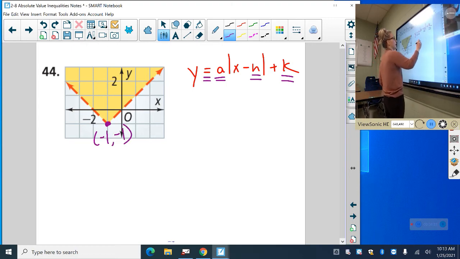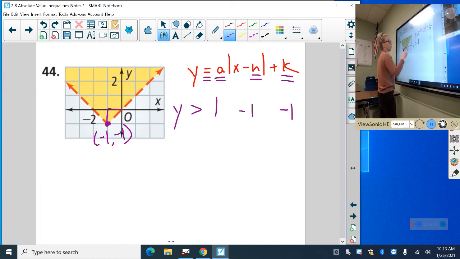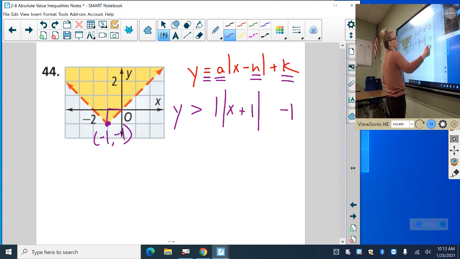So I'm going to put in -1 here and -1 here. And then my slope goes up 1 over 1. So my slope is just 1 over 1, or 1. Okay, and then I'm shading above, and it's a dotted line, so it has to be greater than. So y is greater than 1 times, and then x minus -1, which changes it to plus 1.